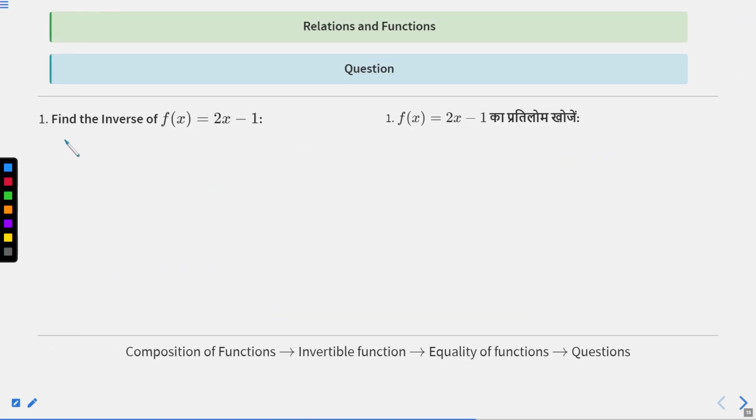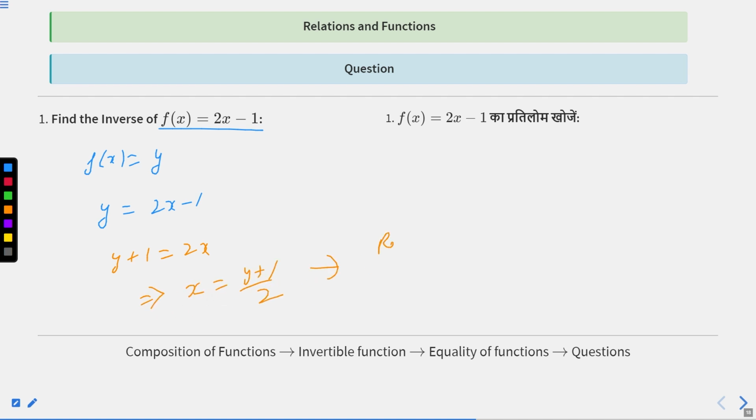Now we have to find the inverse of this function. So directly just find the inverse. Putting f(x) equals y equals 2x minus 1, and then try to write x as an expression of y. This means y plus 1 is equal to 2x. This further implies that x is equal to (y plus 1) by 2.